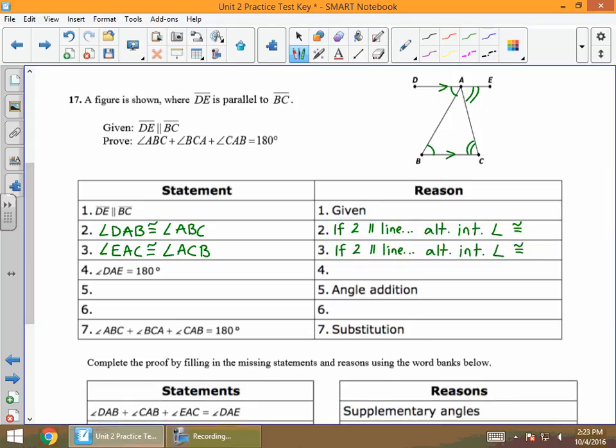So let me put that right there. Number 4. Number 4 says that angle DAE equals 180 degrees. The reason for that, as I take a look at my reasons, is that they are supplementary angles.